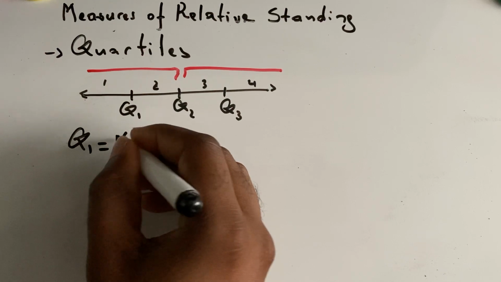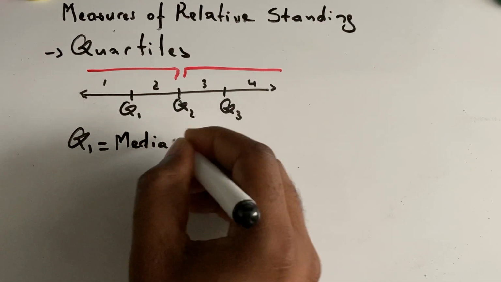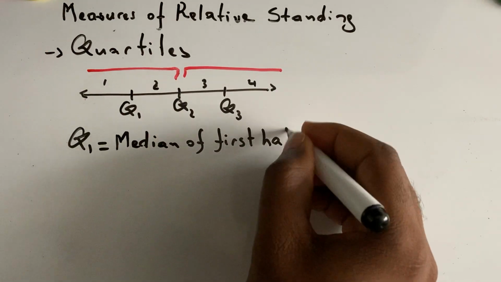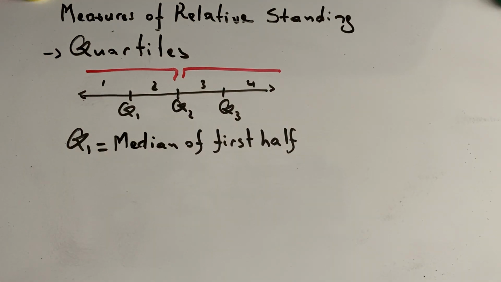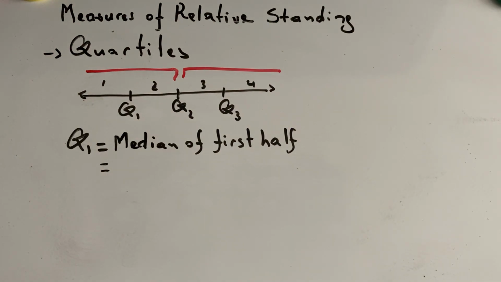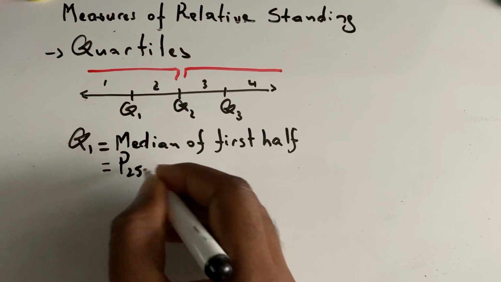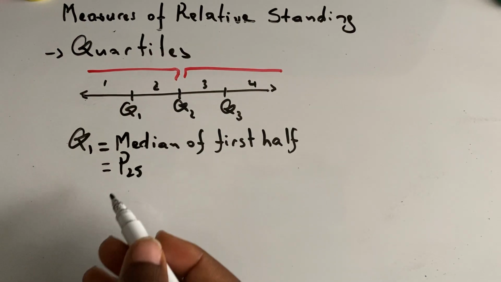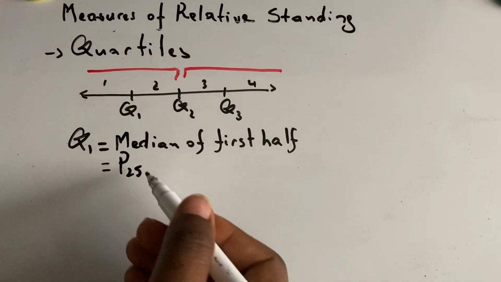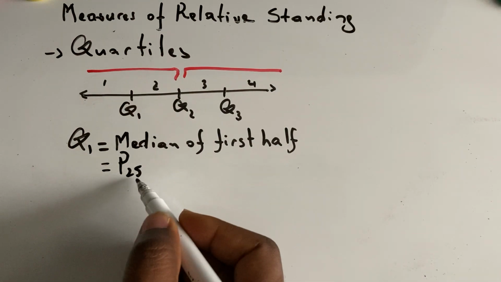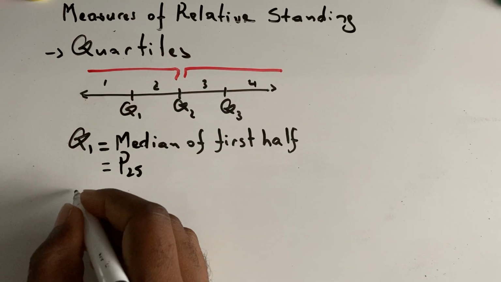Or you could say it's actually P25, the number at the 25th percentile, which you know how to calculate from the beginning. I showed you how to do that, because I calculated P50 for you. You could have calculated P25 the same way. So if you don't remember that you have to do the median of the first half, you could just do P25.